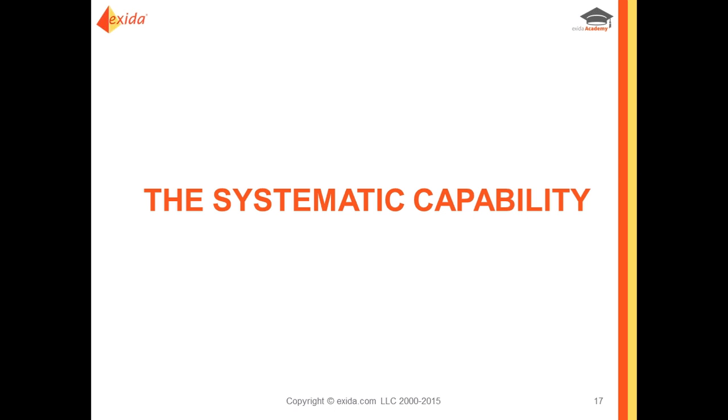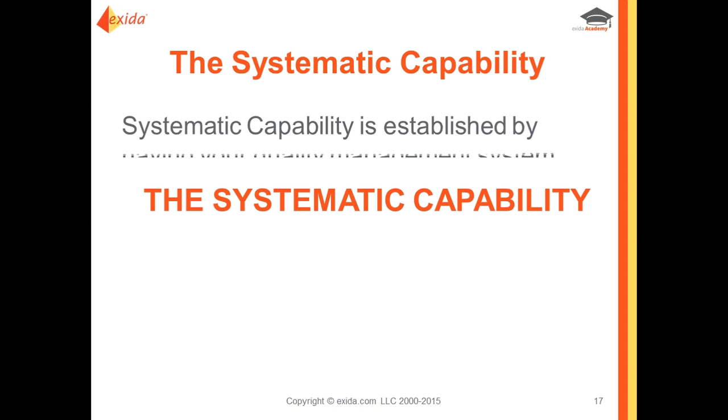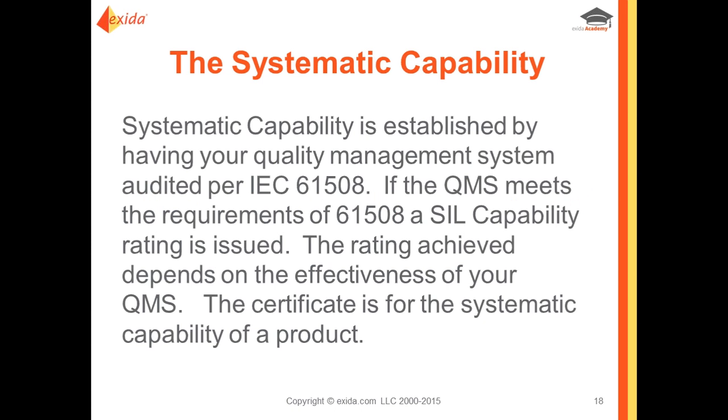And third, you have your PFD calculation for your product. I'm going to go ahead and break apart each of these categories so you know exactly what we're talking about when we talk about the systematic capability or whatnot. So to, I guess, drive the point home is this little picture.